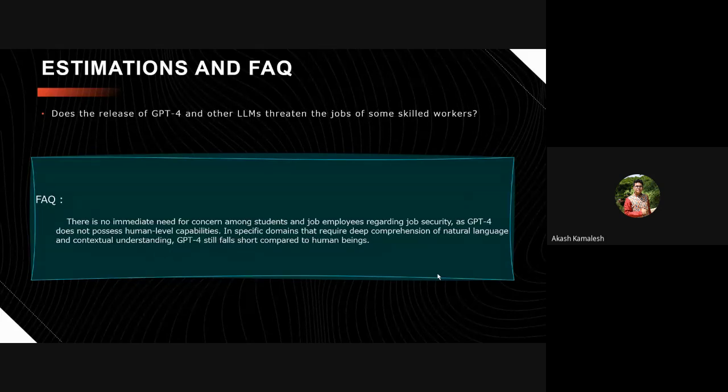So does the release of GPT-4 and other large language models and further multimodal models threaten the jobs of some skilled workers? There's no immediate need for concern among students and job employees especially. They don't need to be worried about their job because GPT-4, as I said, is not AGI yet.